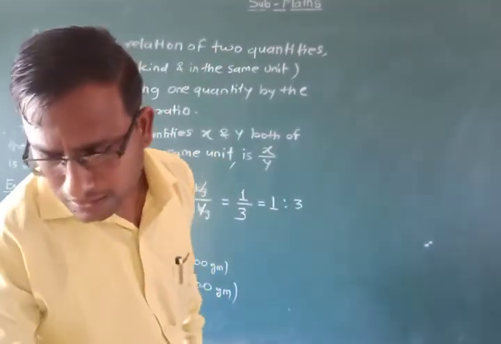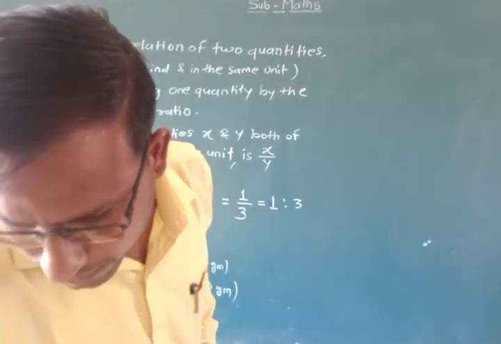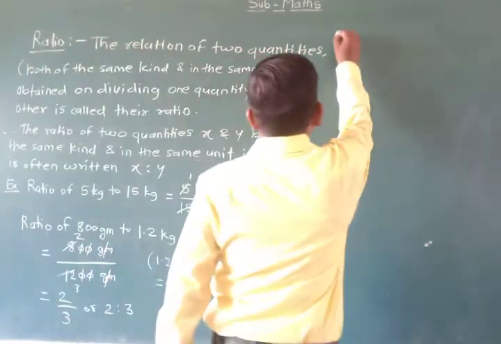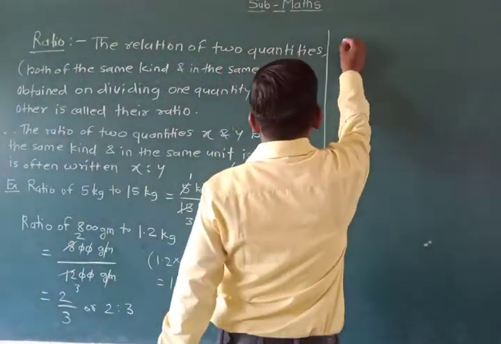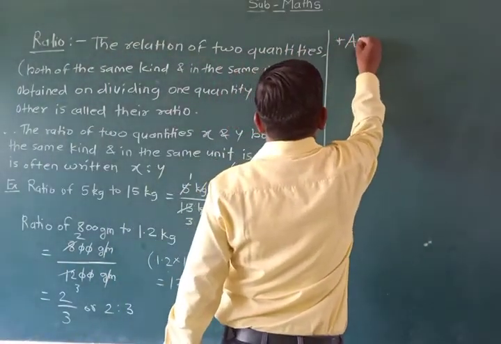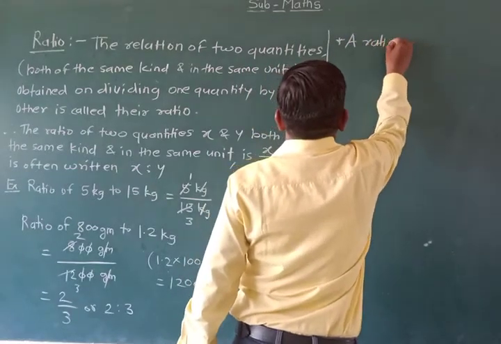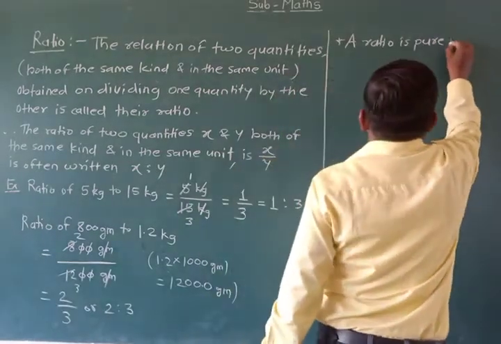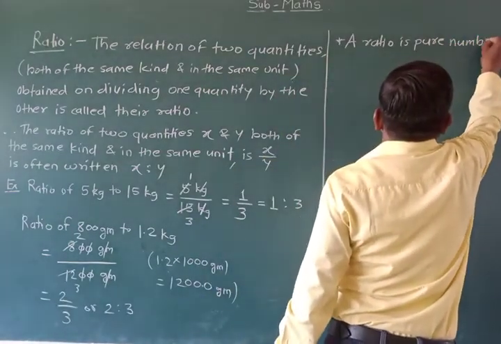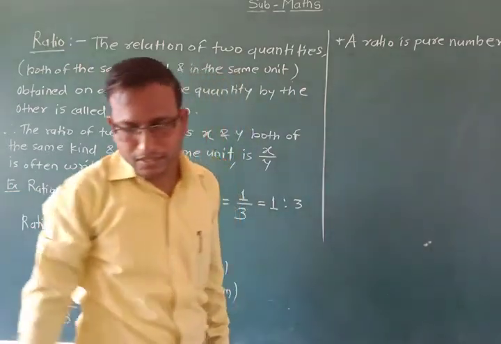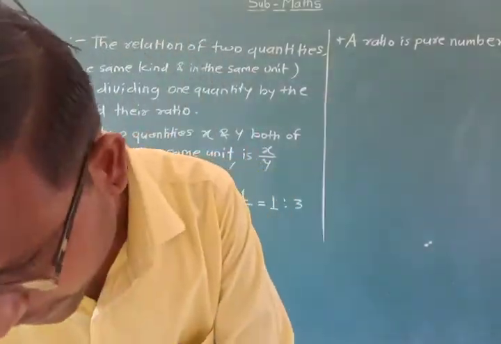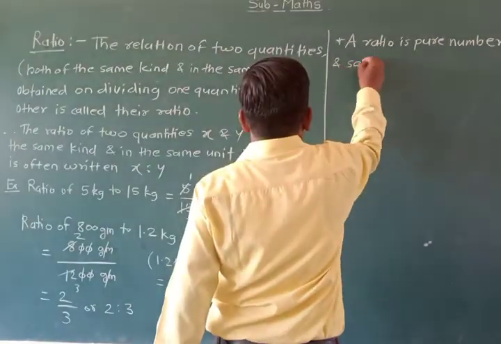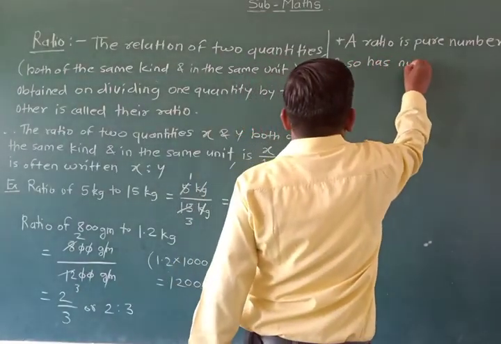A ratio is a pure number and so has no unit.